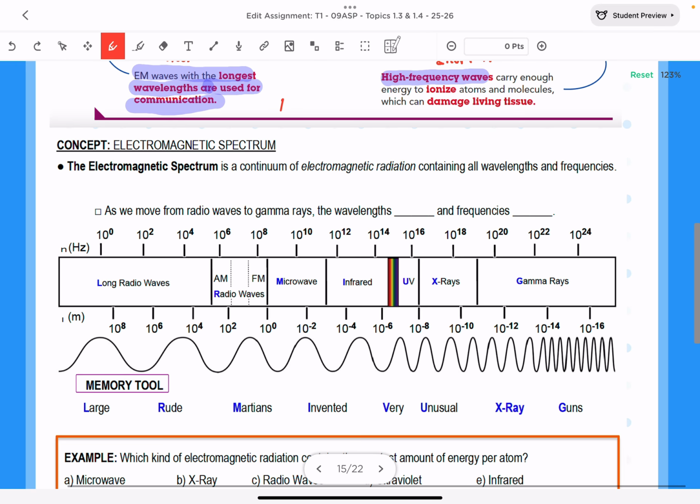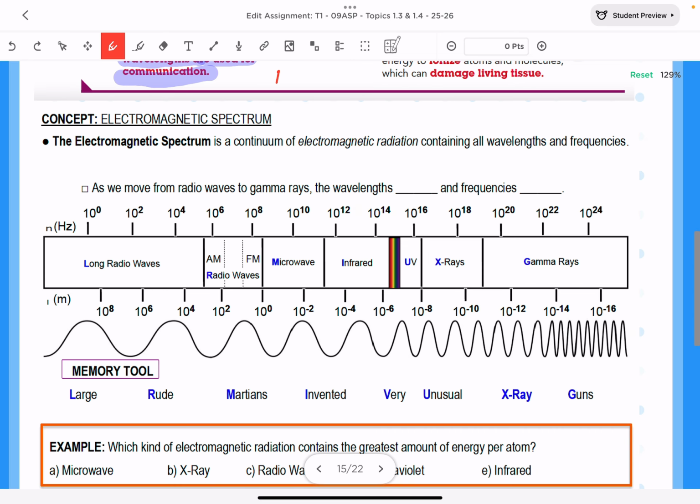So again, this is another representation of the electromagnetic spectrum. The electromagnetic spectrum is a continuum of electromagnetic radiation containing all wavelengths and frequencies.